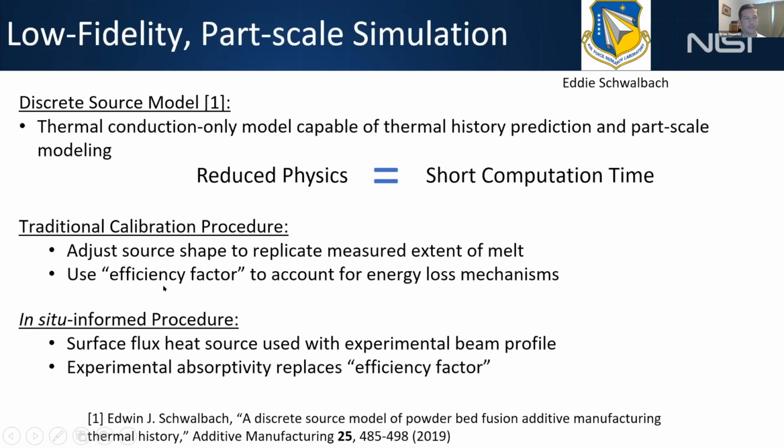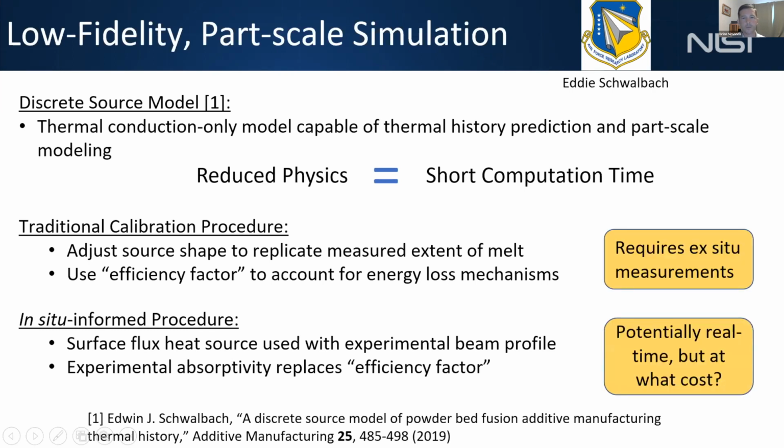Also, instead of using this efficiency factor as a tuning parameter, let's replace that with the experimentally determined absorptivity and see how we do. The trade-offs here are that the former traditional procedure requires ex situ measurements. You have to cut the material apart, measure the melt pool regime, and then iteratively tune these parameters. With this in situ informed procedure, it's potentially real time if you're measuring the light scattering while making these parts. But what's the cost in terms of accuracy?